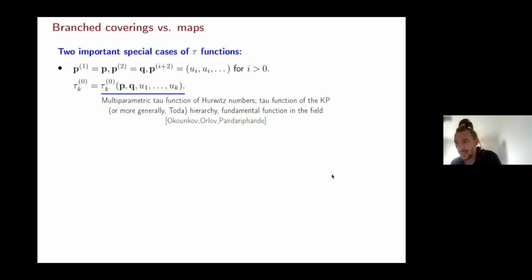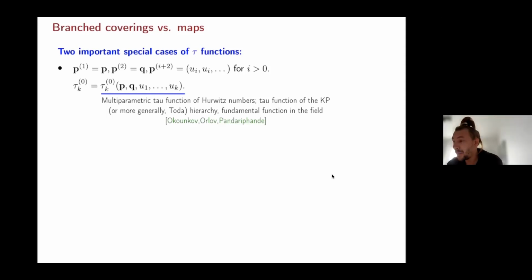So one special case of my tau function is when I substitute for all the other variables, except the first two, just the variable u. So I keep the first two infinite families of variables, but for the rest of the infinite families, I forget what is p1, what is p2, what is p3. I just set them all to the same variable. And if you look at this generating function, it turned out that this is a fundamental object in this field.